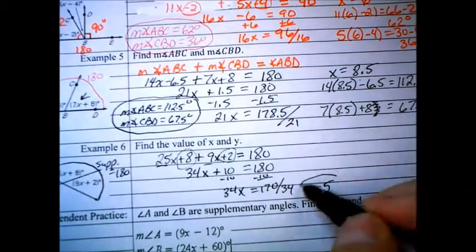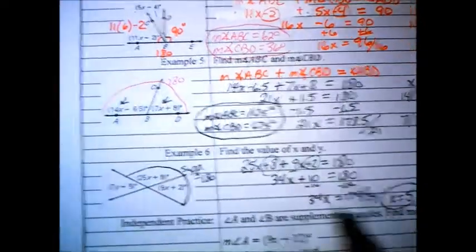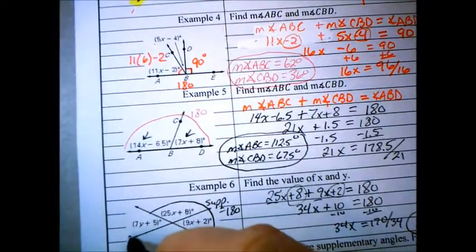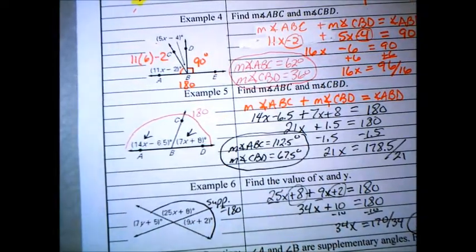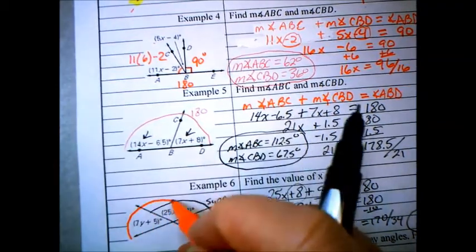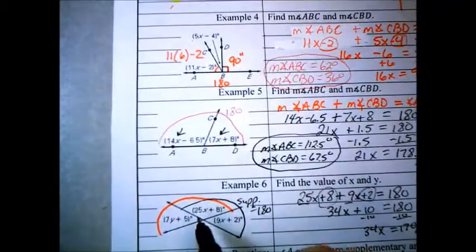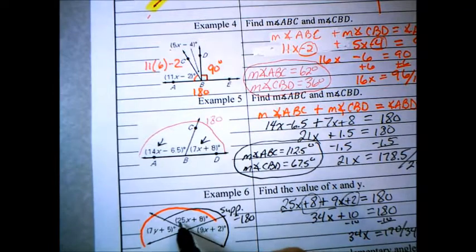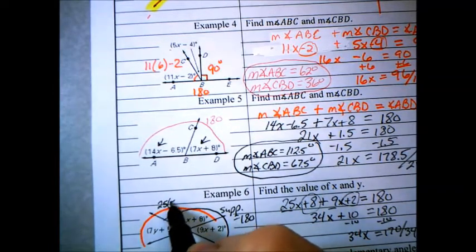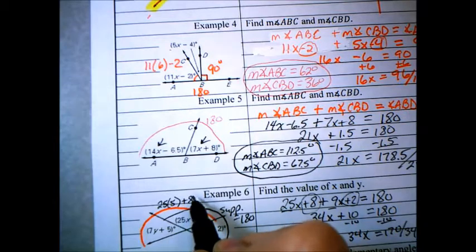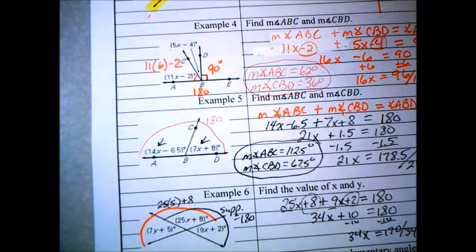Now, if x equals 5, if I'm looking at the other side to try to figure out what the y is, I can plug in 5 for this equation and have 25 times 5 plus 8. 25 times 5 plus 8 is a total of 133.